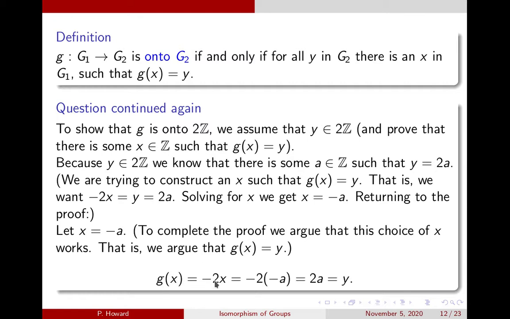According to the definition of g, that's minus 2x. x is minus a. That's the x we constructed. Minus 2 times minus a is plus 2a, and that's y. We have finished the proof that little g is onto the set of even integers.